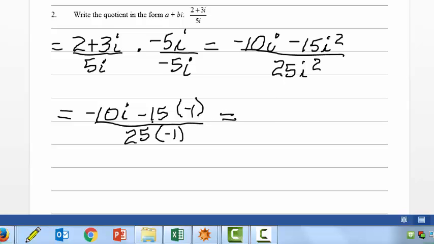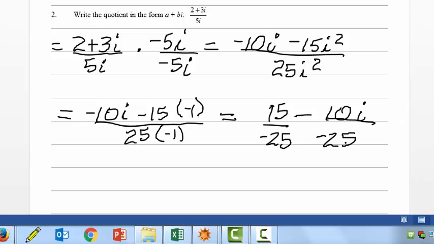And I get -15 times -1 is 15. And I have a subtraction of 10i. 25 times -1 is -25. 25 times negative 1 again is negative 25. So 5 divides into 15 3 times, and into negative 25 a negative 5 times.